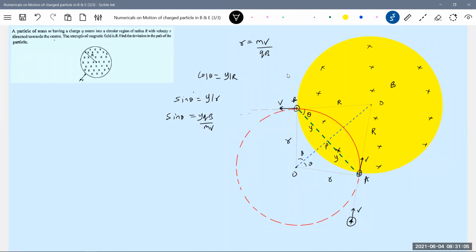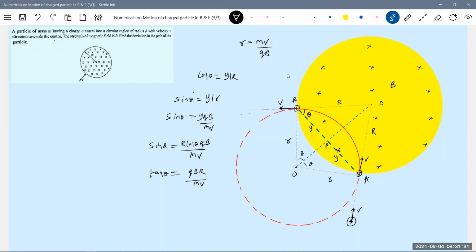In terms of, what is y equal to? Capital R cos theta. So this is sin theta. Okay, tan theta is equal to qBR by mv.